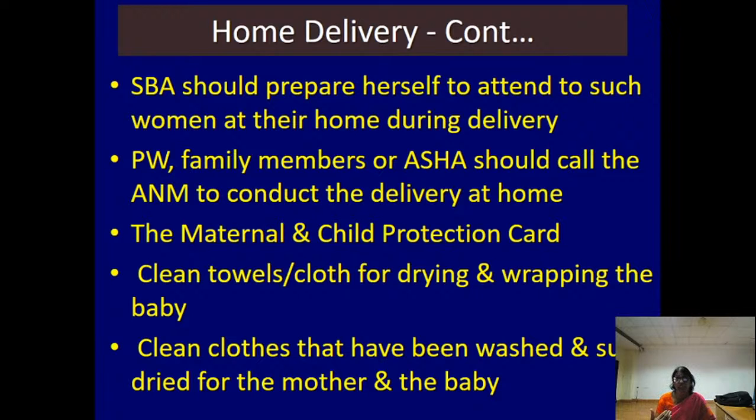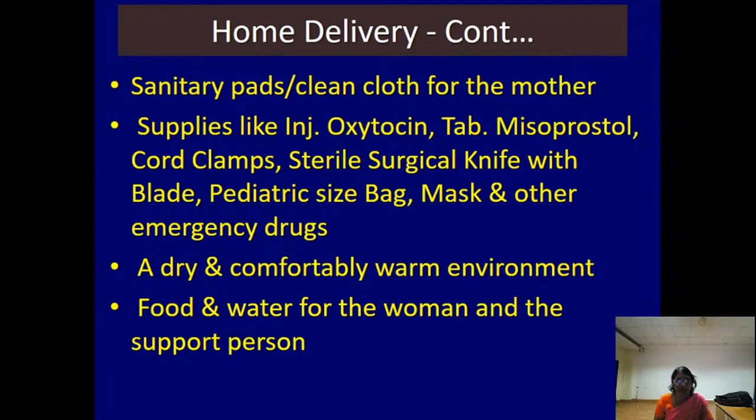How many antenatal checkups she had, how many iron and folic acid tablets she has taken, whether she has taken the DT, diphtheria tetanus vaccine, all those things will be written in the card. So the card should always be available. It should be like a ready reckoner for those who conduct the delivery. Of course, the clean towels and cloth I have told you. Then the sanitary pads, of course.